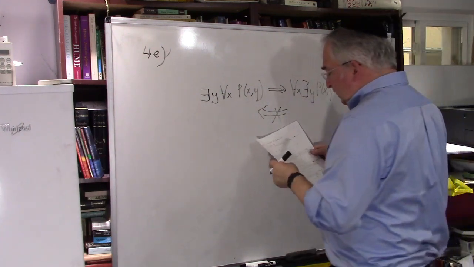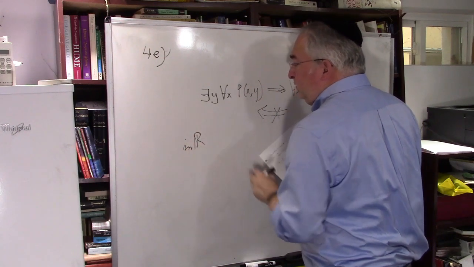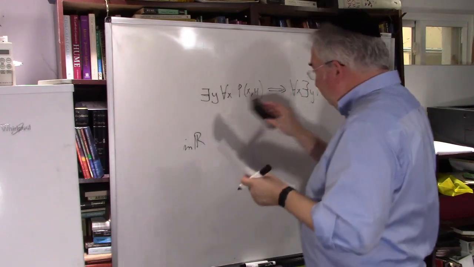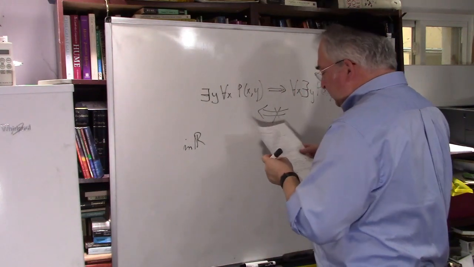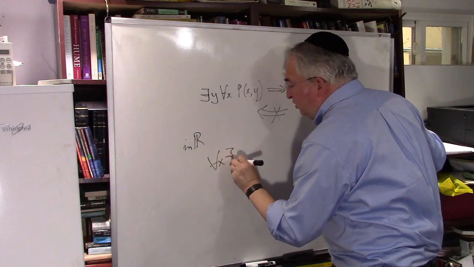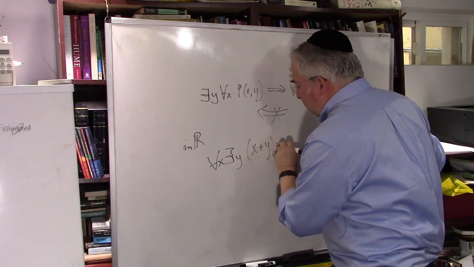You ready? We're dealing in the real numbers. This is not a problem right now. So right now we're just proving this. How about this? For all x, there exists a y such that x + y is equal to 0.